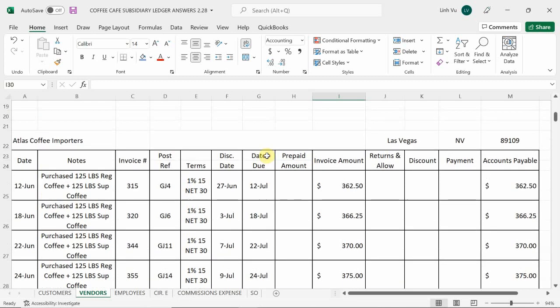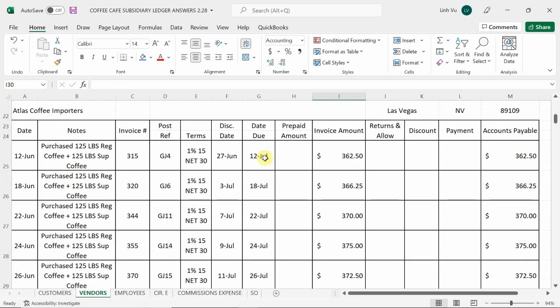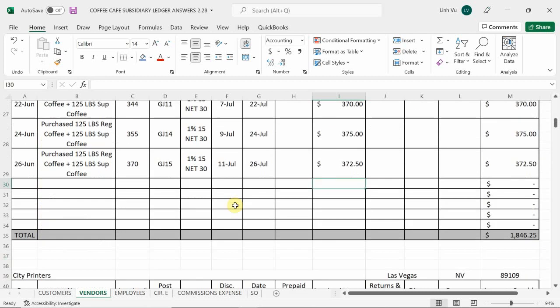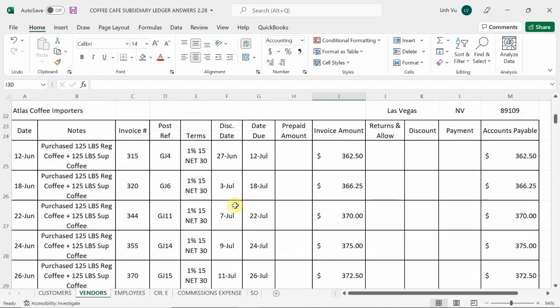All of these bills are still good until then, because I don't have to make a payment unless I want to, since at the end of the day they're all due in July. So I don't have to worry too much, unless I want to take advantage of this discount, then I'll make a payment on the 27th.